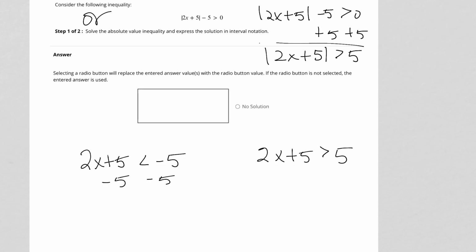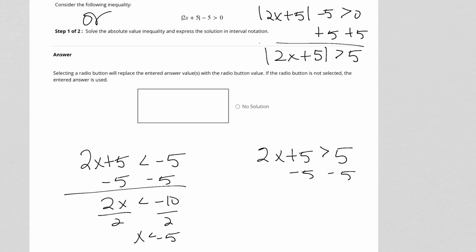So subtract 5 from both sides. 2x is less than negative 10. Divide by 2. X is less than negative 5. Over here, subtract 5 from both sides. 2x is greater than 0. Divide by 2. X is greater than 0.